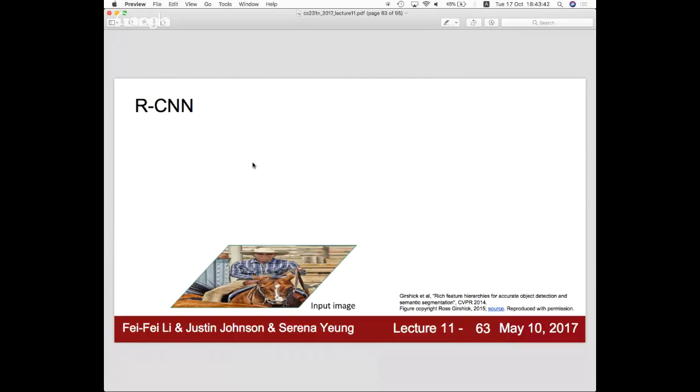The region proposal will flag out areas on the input image where you can probably find things, parts that you can recognize.